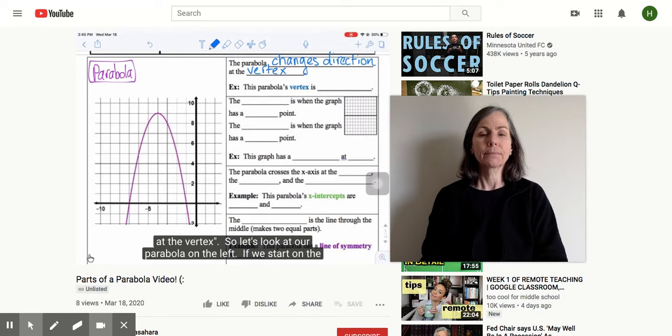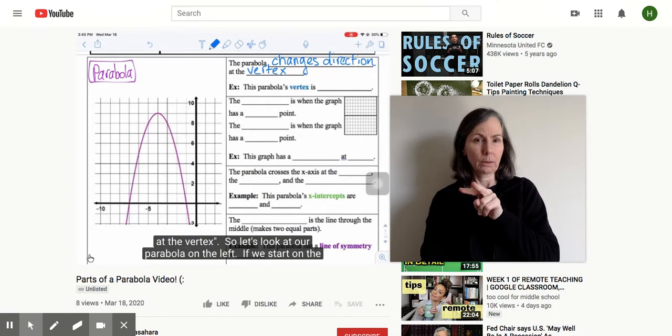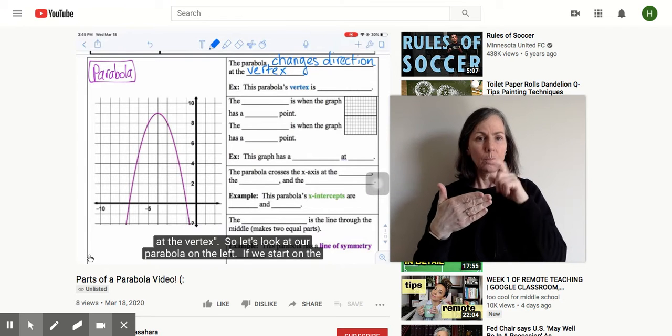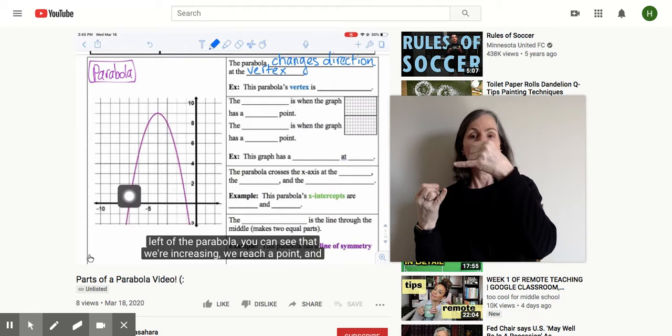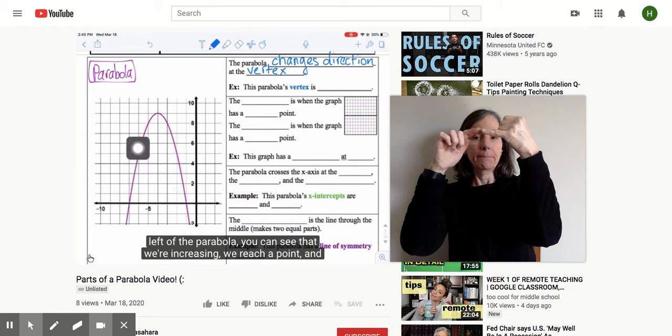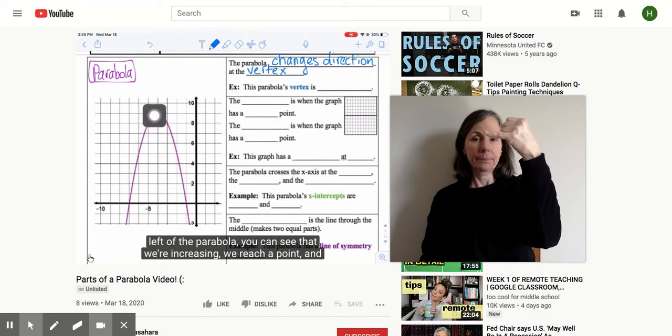So let's look at our parabola on the left. If we start on the left of the parabola, you can see that we're increasing.